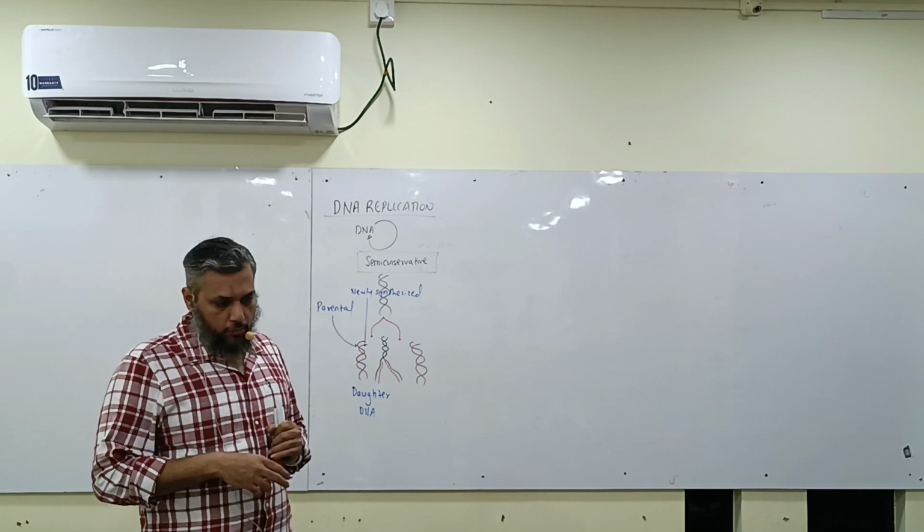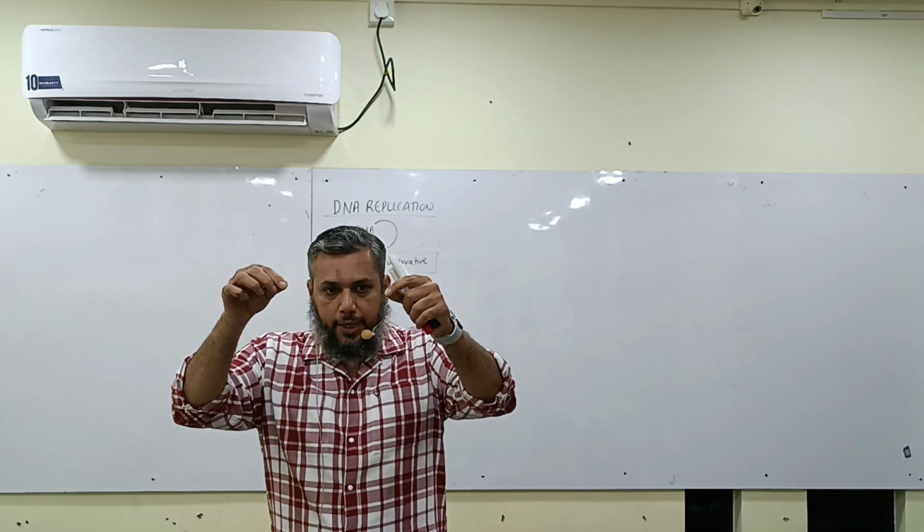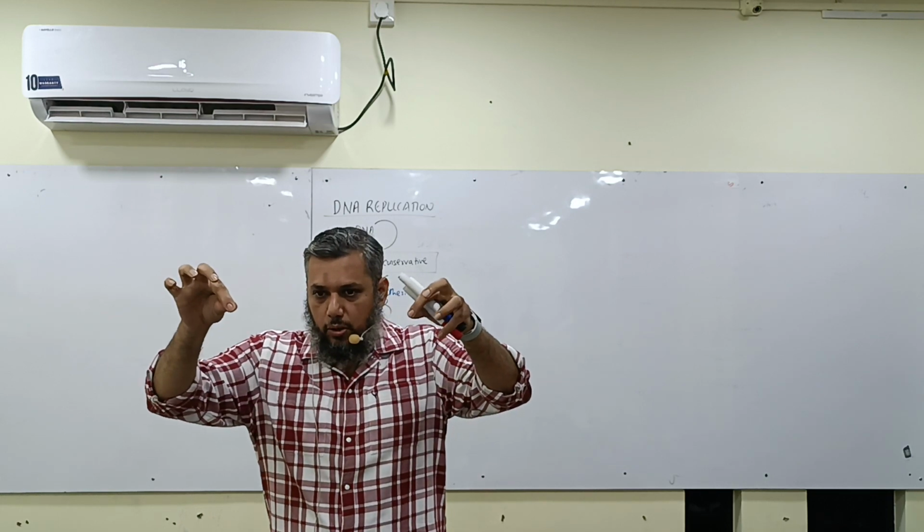आया समझ में? तो DNA के पास कितने strands होते हैं बच्चों? दो. DNA replication के टाइम पे दोनों strand एक दूसरे से क्या होते हैं?